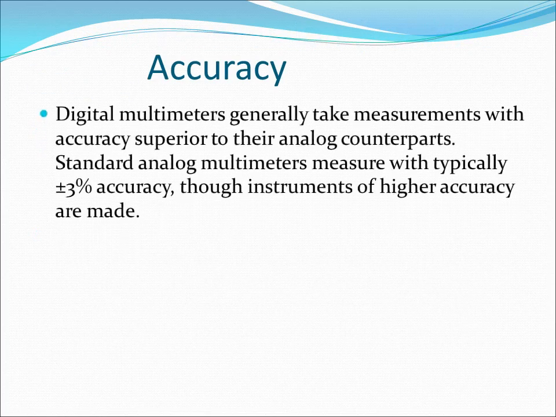Digital multimeters generally take measurements with accuracy superior to their analog counterparts. Standard analog multimeters measure with typically plus-minus 3% accuracy, though instruments of higher accuracy are made.